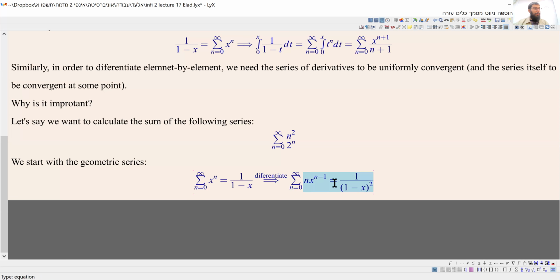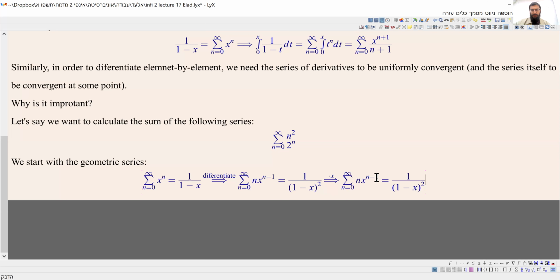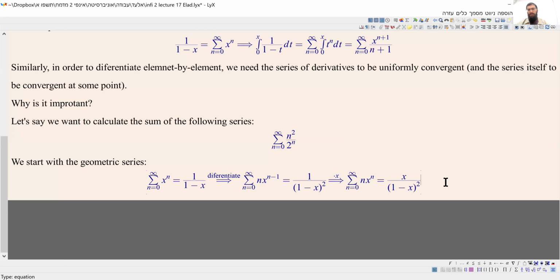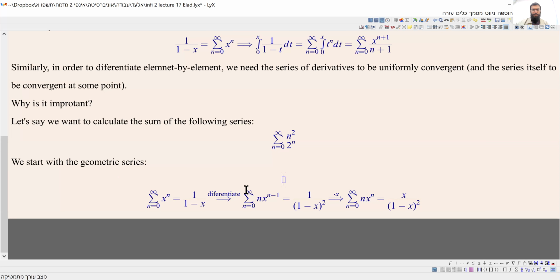We can, and we will, multiply each part of the equation by x. The series variable n is the index that's running. Multiplying by x is just multiplying by a constant, which doesn't change the convergence at all. So we have x here, and right now we can differentiate again.